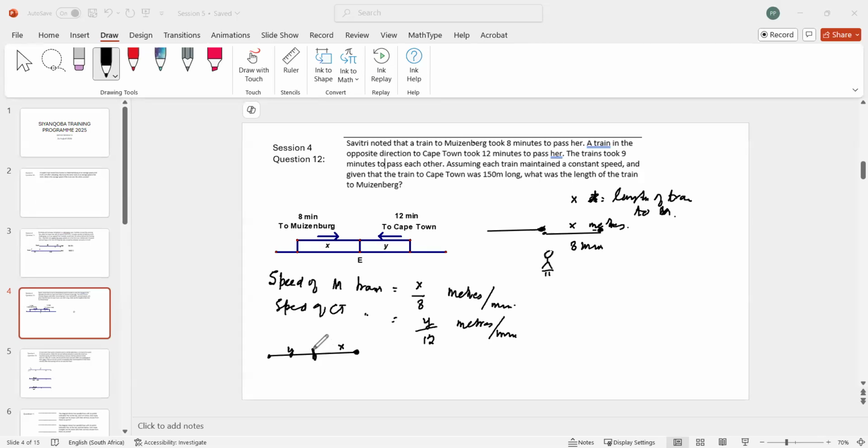This is the tail end, the back of the X train and the Y train, and that's when they pass each other, when the backs are together and they move on. So in other words, the total distance traveled is X plus Y between the fronts of the trains, and that takes 9 minutes.